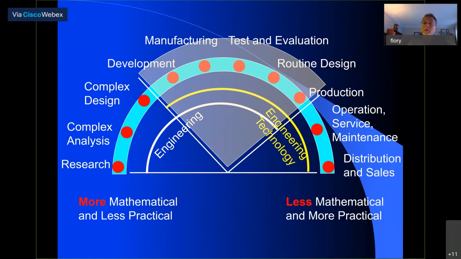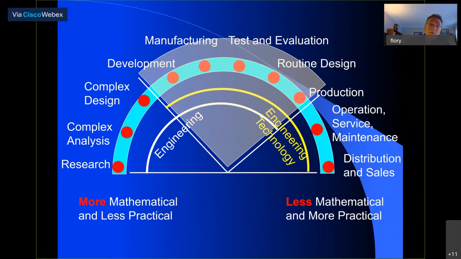It's more about developing new science and technology. Over on the right hand side, we have things like the maintenance, the service, operation, production, those types of things, and even distribution and sales, where if you are selling technical products, having a technical background is invaluable.